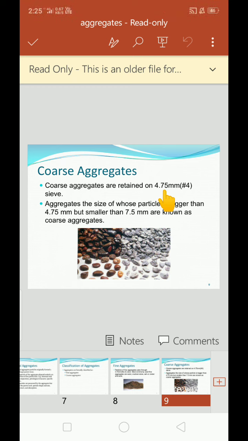Below 4.75 mm there is another set of sizes, but for the coarse aggregate we refer to the 80 to 4.75 mm sieve sizes. The material retained on the 4.75 mm sieve is termed coarse aggregate. For example, crushed stone is an artificial aggregate, and naturally available gravel is a coarse aggregate.